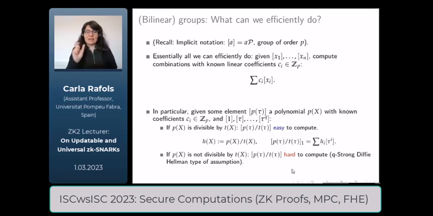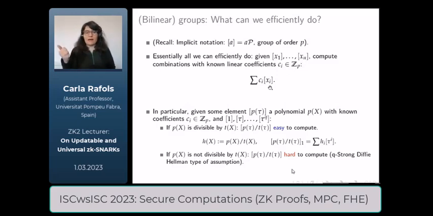And the key feature is that essentially all we can do efficiently in these groups, this is why they are called groups, because there's only one operation, which in this case is the sum of elliptic curve points. And all we can do is essentially compute linear combinations with known linear coefficients, c_i, okay? So you give me some points, and I can choose some scalars and do this linear combination.